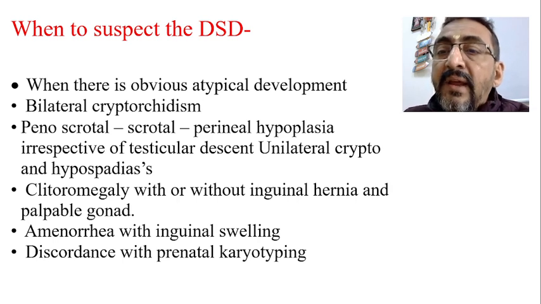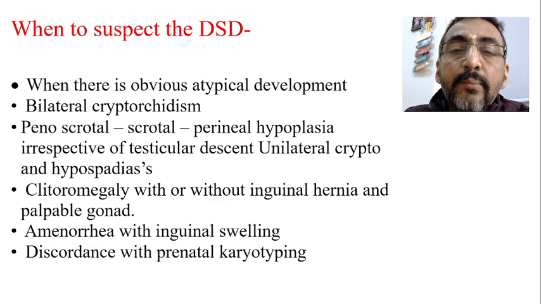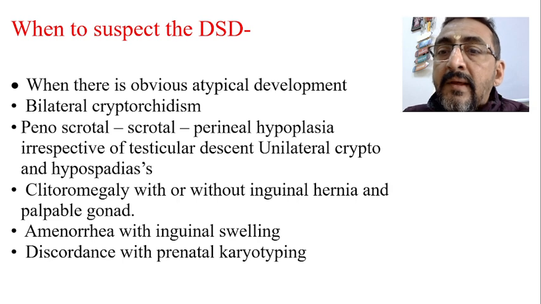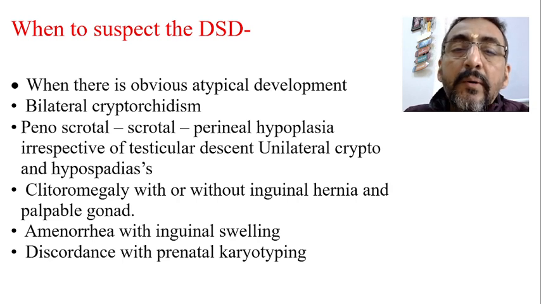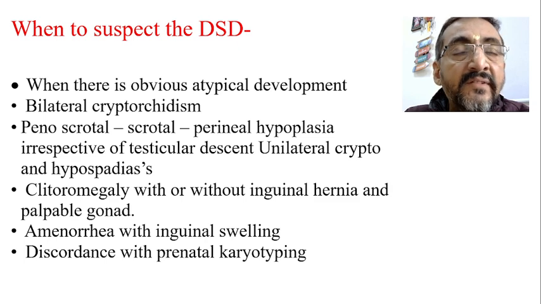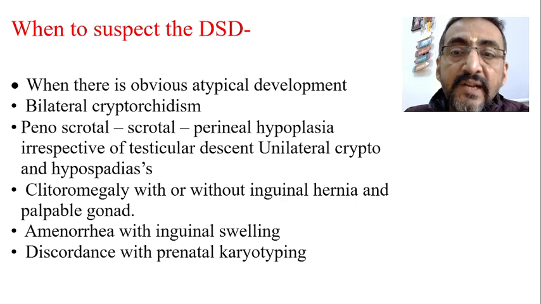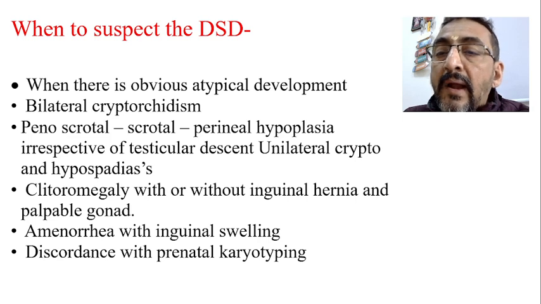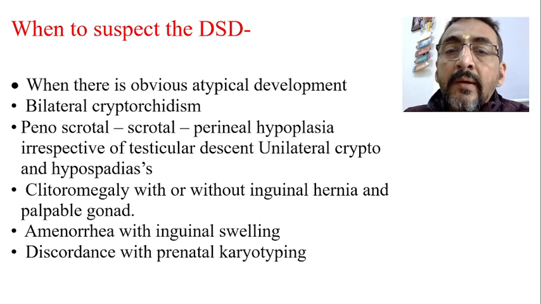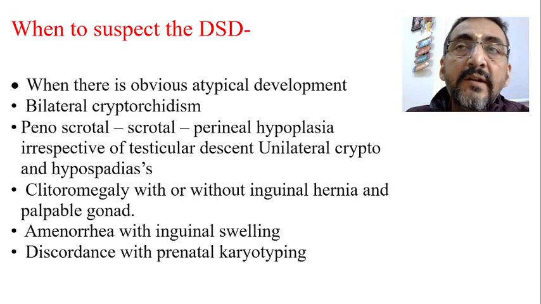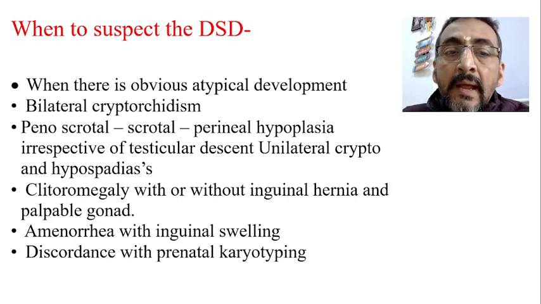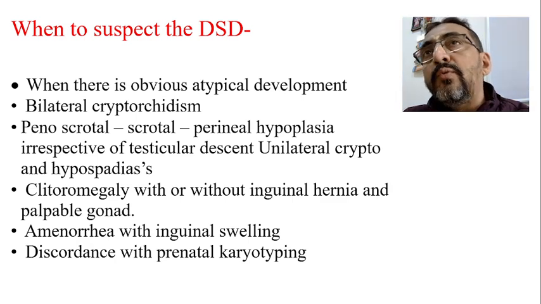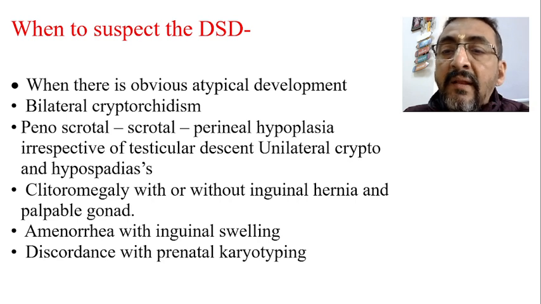Third is penoscrotal, scrotal and perineal hypoplasia, that is, underdevelopment, which is also a suspicion toward DSD. Then unilateral cryptorchidism, hypospadias and epispadias, related to the urethral opening at the tip of the penis. Epi means the opening is superior, and hypo means inferior.